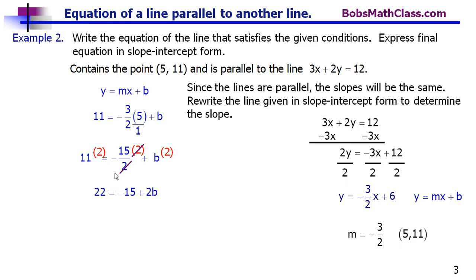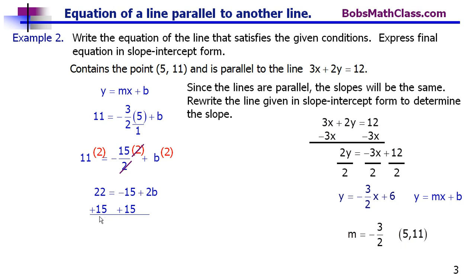So 22 equals negative 15. Be careful with that negative. Sometimes many of us forget to bring down that negative sign. And 2 times b is 2b. The 2's cancel, so we just have negative 15 plus 2b. Get b by itself, so we need to add 15 to both sides.